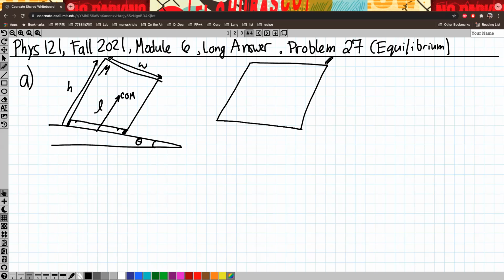Now, how big is the static friction? Well, I was about to get to that.